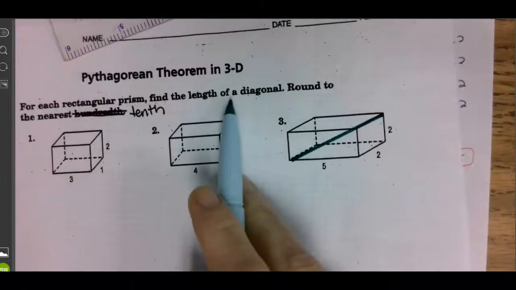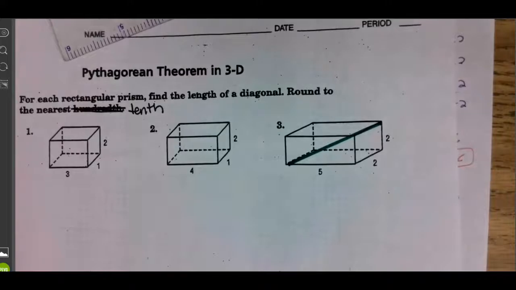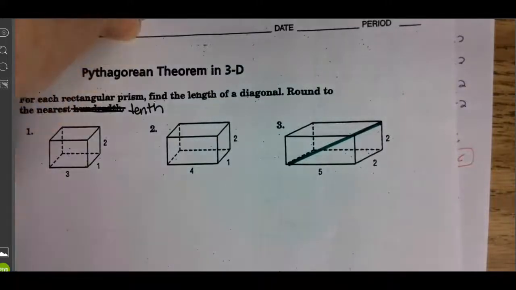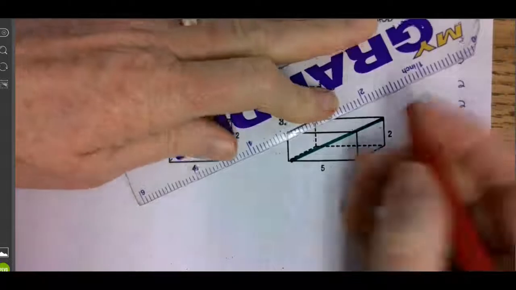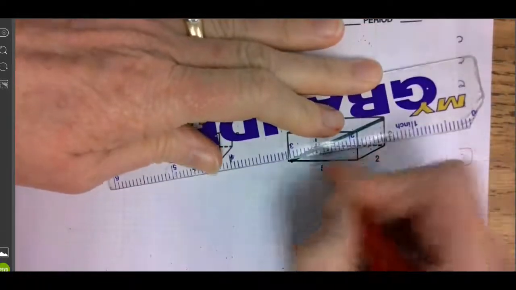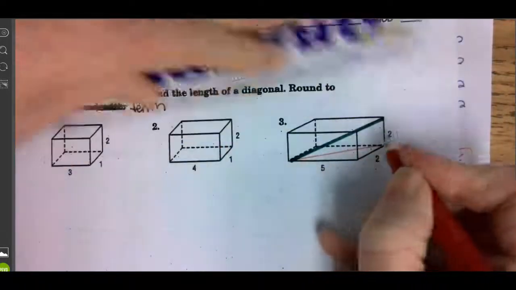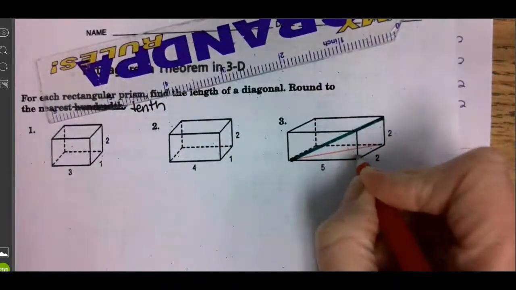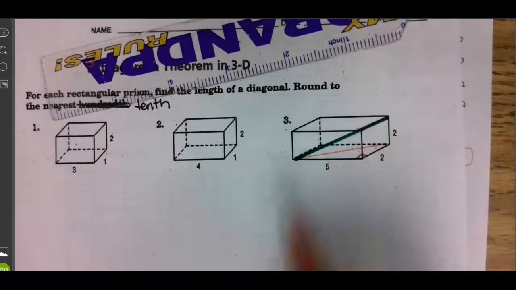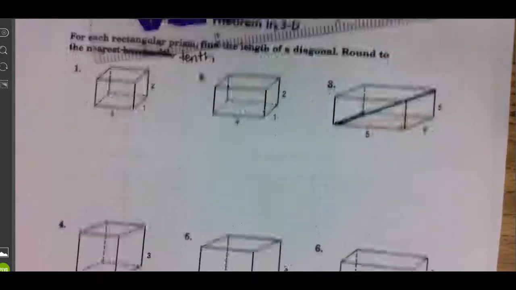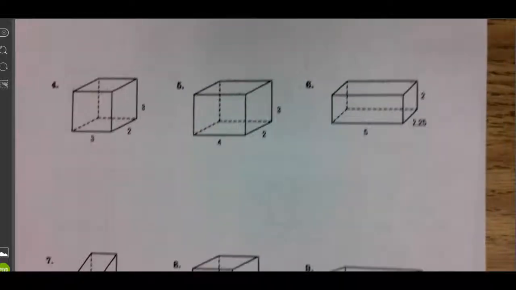Find the length of a diagonal of the rectangle. So that's what you need to find. What you need to realize is that you have to draw in this other stuff. On the problems that we were doing, it was already in there. So you have to find this segment right here. It's part of this right triangle down here. Then you have to use it to find this diagonal. Okay? So I'll help you out with one of yours.